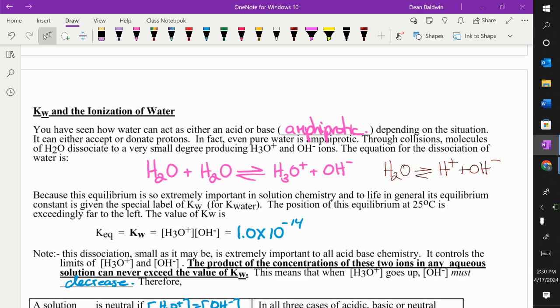This is an endothermic reaction, I think. If you increase the temperature of water, you increase the amount of H3O plus, which would decrease the actual pH of water. But then it becomes a relative thing because you've also increased the OH minus. Anyway, that's a side thing.